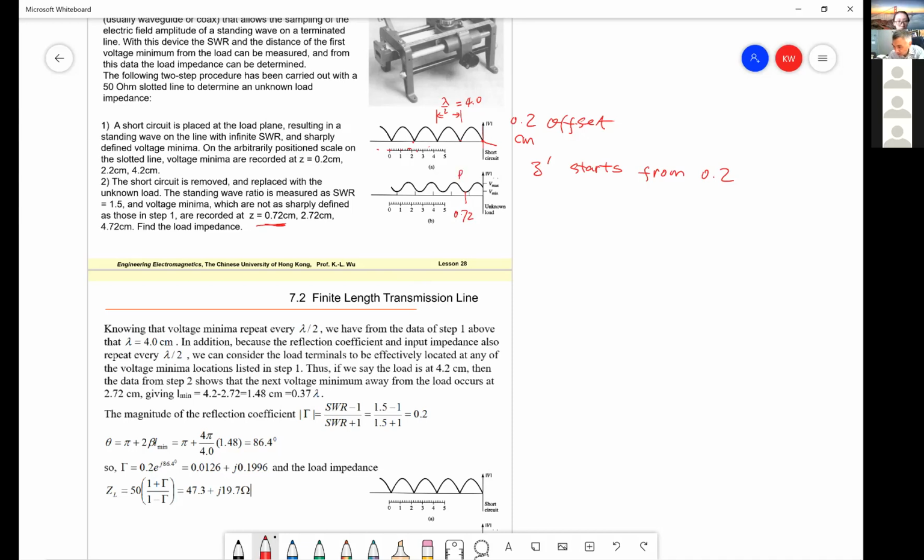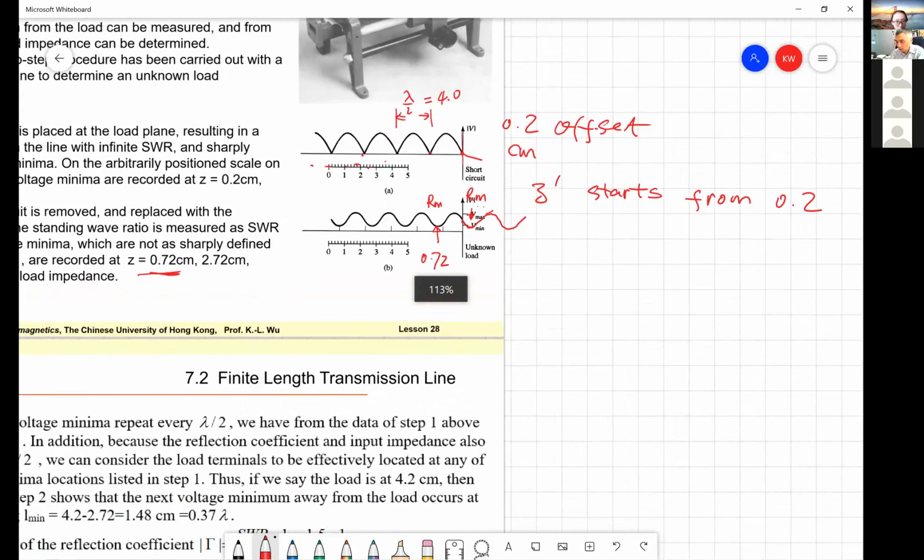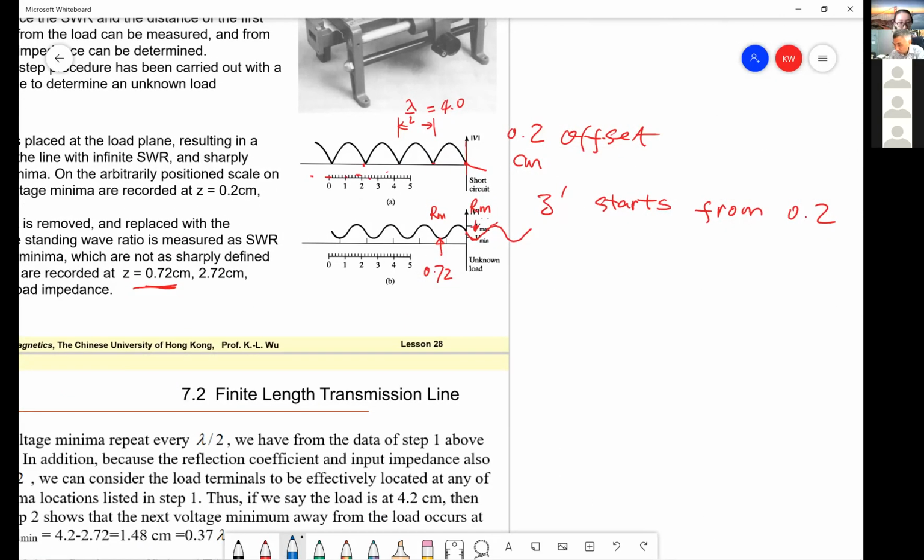So we know this is Rm, and now we know this is also Rm. This is also Rm, right? So therefore, we know this is half wavelength.